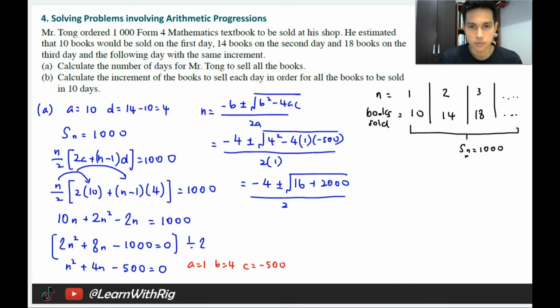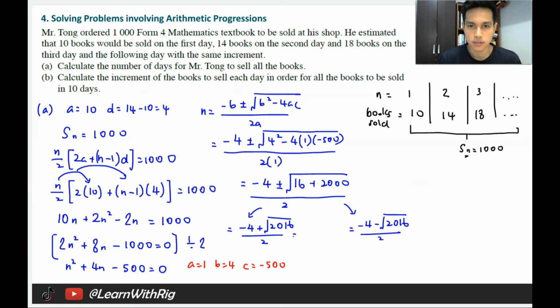So the first answer would be equals to negative 4 plus square root 2016 over 2. And the second answer would be negative 4 minus square root 2016 over 2.